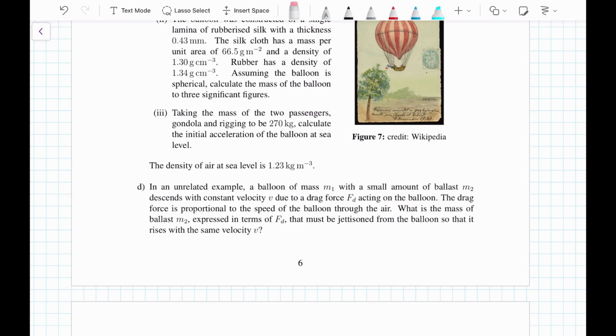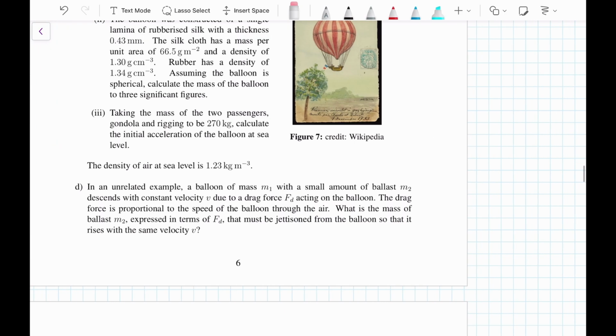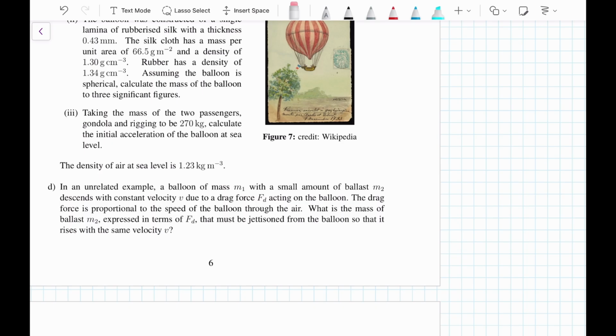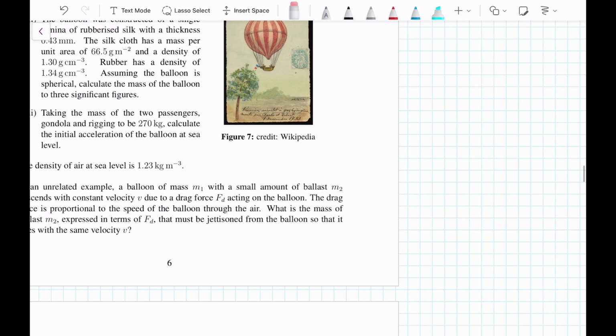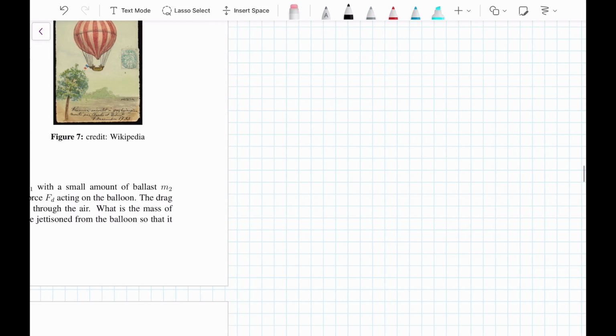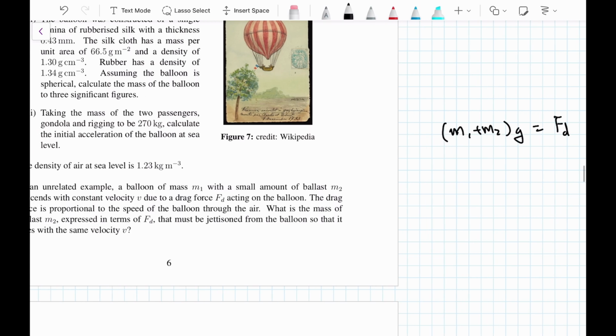So I think we can use a bit of momentum conservation over here. First of all, it says the balloon is descending with constant velocity, so we can say that the weight of the entire balloon, that should be (m1 plus m2)g, should be equal to Fd. And we want to express m2 in terms of Fd, and then we also have to involve the velocity.